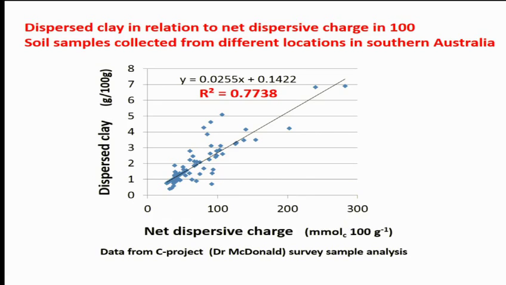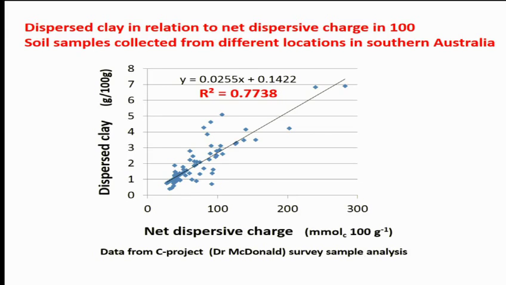This is in spite of the fact that, if we had done exchangeable cations at the pH value of the soil, it would have been more accurate. Usually the exchangeable cation is done by the ammonium chloride method around pH 7 or so, whereas for all these 100 soils, the pH varied from 6 to 9.8.